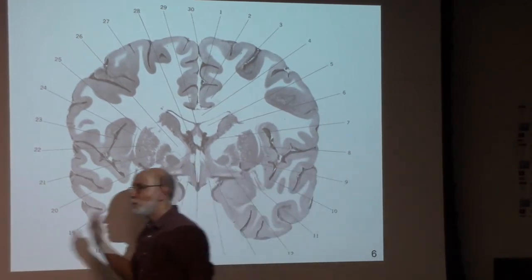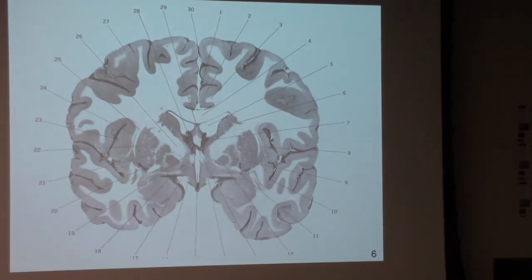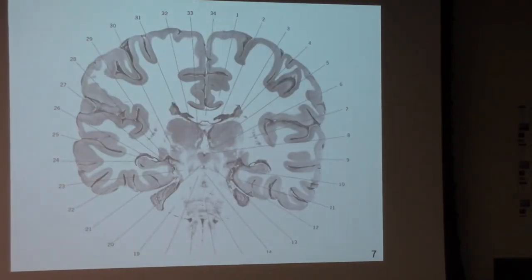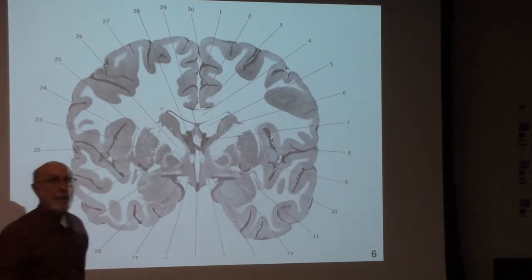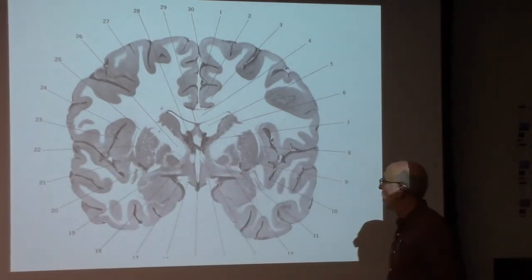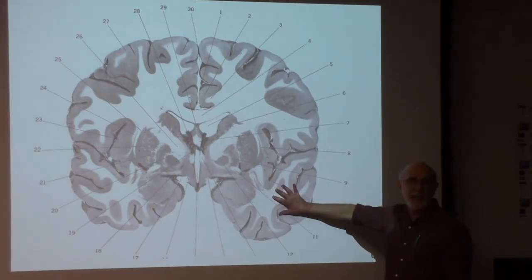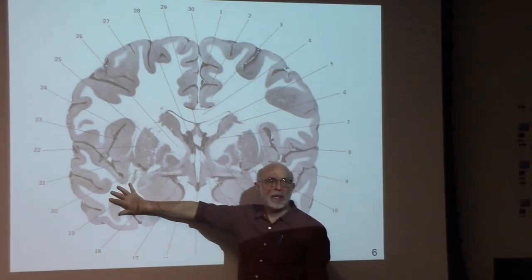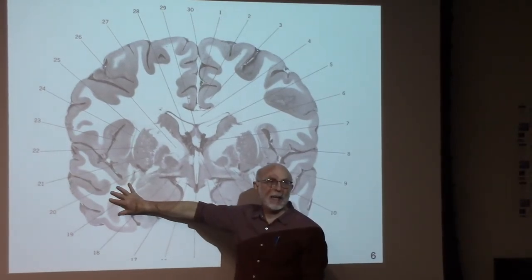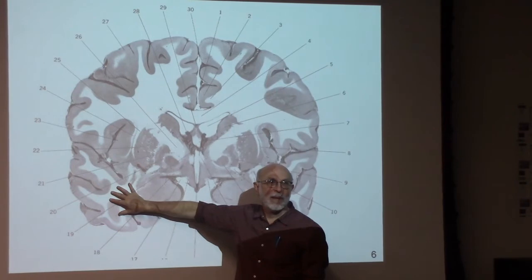Okay, so let's move a little further back. Question: could you reiterate what you said about the symmetry and how it will affect the answers on the quiz? Right, so if you label this as the left temporal lobe, I will not accept the right temporal lobe as a correct answer. It's too cheap.